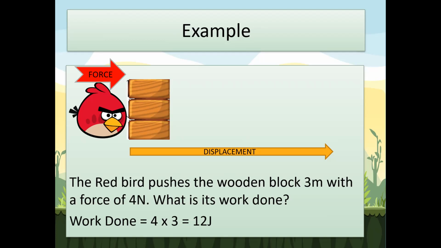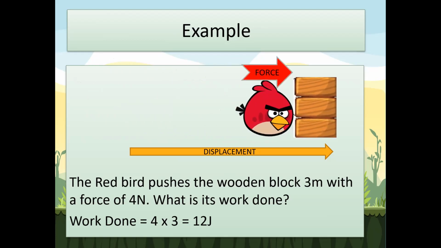So always remember that the distance has to be in meters. Also, the force has to be in newtons. So if they give you kilonewtons, then you have to change it into newtons. 1 kilonewton is 1,000 newtons. So remember that.